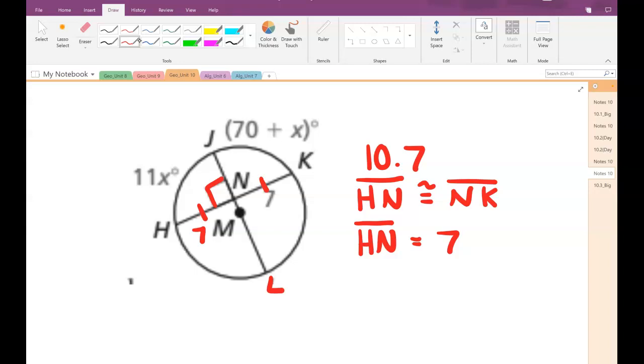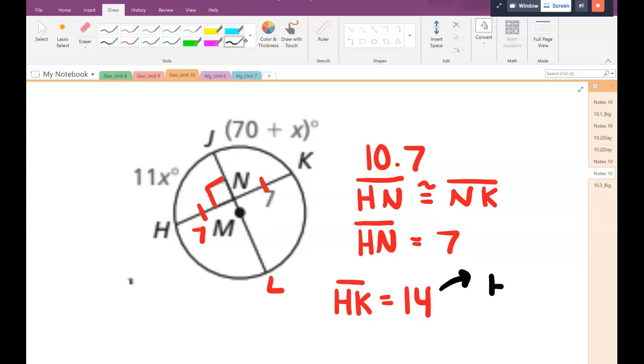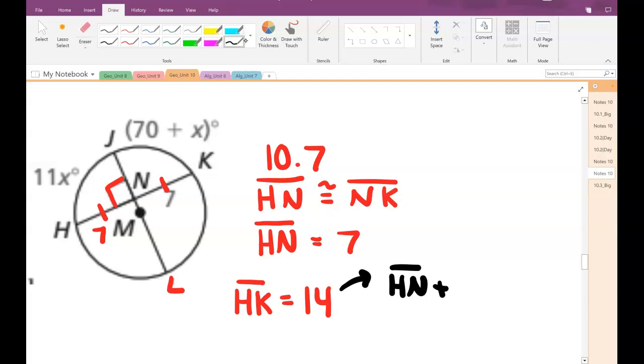We're looking for the length of HK, which we can get from adding our two 7s together. So we're adding HN and NK together to get 14, the length of our chord. So we want to fill in this part. It's because we get HN plus NK. That's how we get 14.